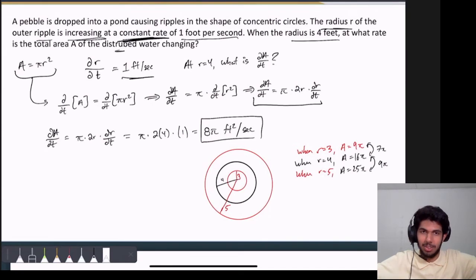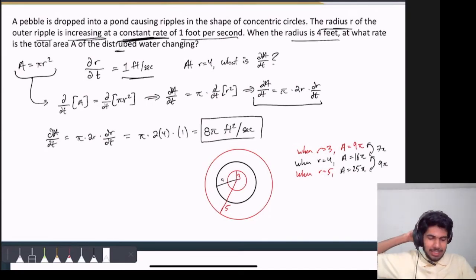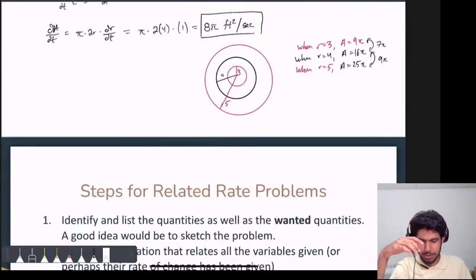It just so happens that 8 pi is the middle of 7 pi and 9 pi. That's not always the case, it just happened to be that way. But this should give you some reason to believe that our answer is correct, right? It makes sense. Cool. Let's move onwards.